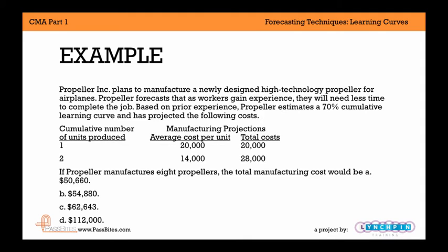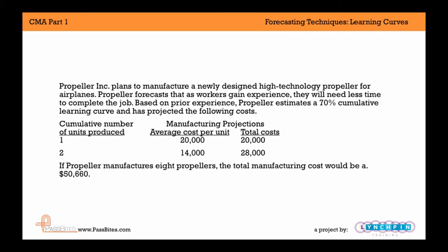The first unit is taking 20,000 average cost per unit, and the total cost is 20,000. The second is taking 14,000 average cost per unit, and that is the total cost. If Propeller manufactures 8 propellers, the total manufacturing cost would be A, B, C, or D.